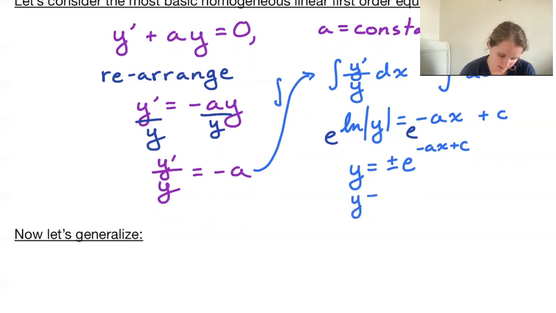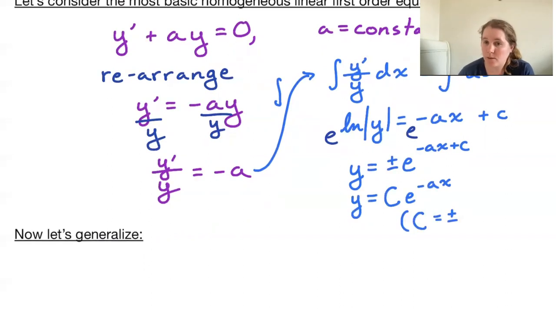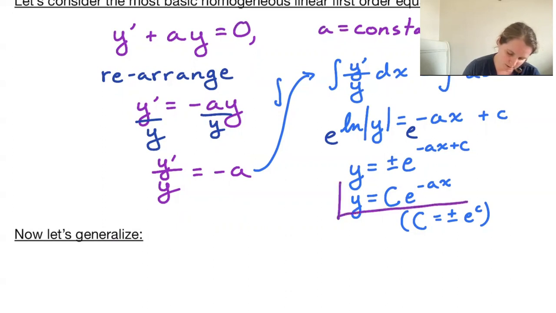So we'll rewrite this as y equals capital C e to the negative ax, where capital C is either plus or minus e to the lowercase c. So for these basic linear homogeneous differential equations, we wind up getting that y is just equal to C e to the negative ax.